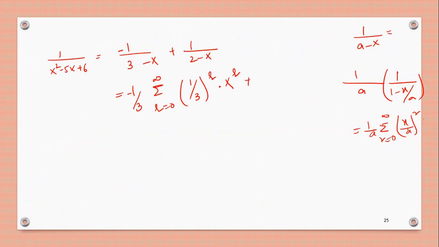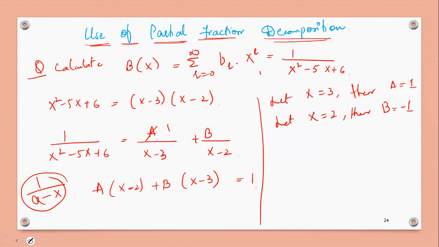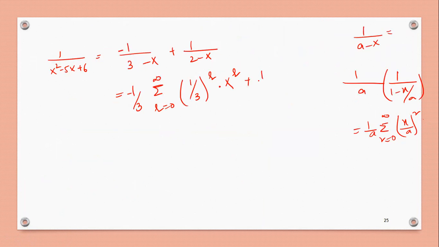And this can be written as 1 by 2 sigma r is equal to 0 to infinity 1 by 2 power r into x power r, or you can even write x by 3 power r, no worries.